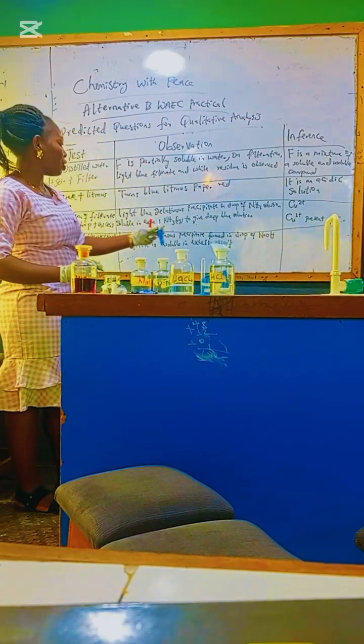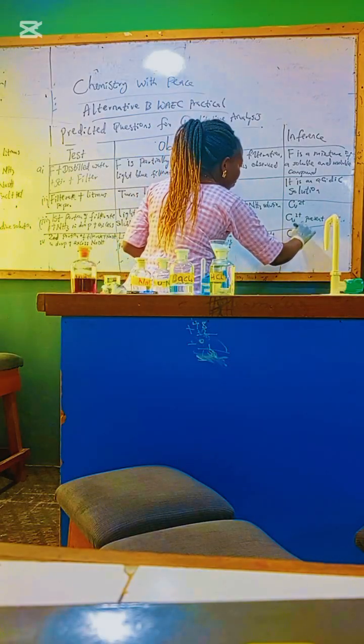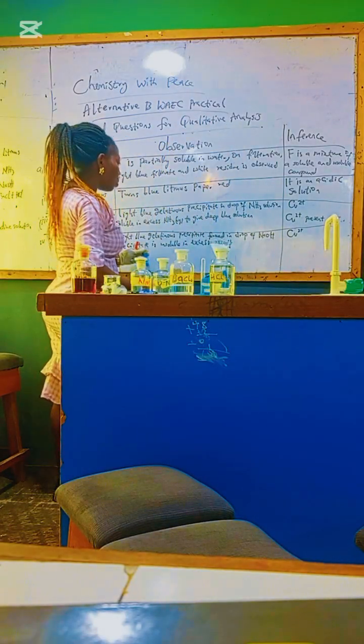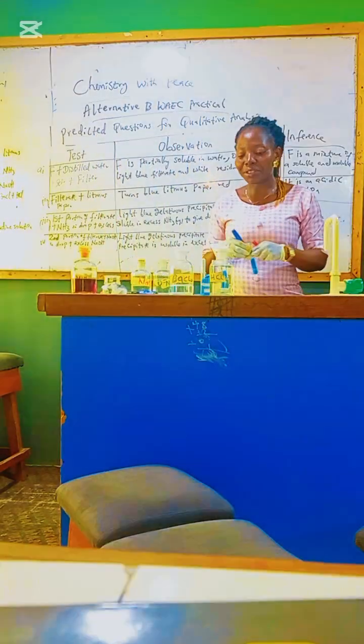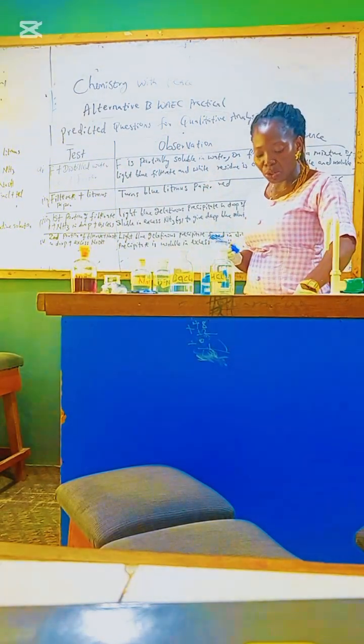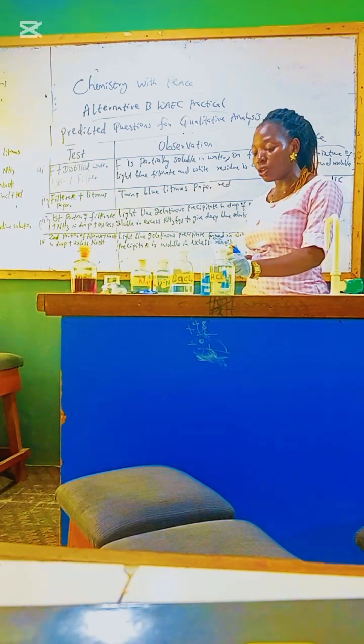So light blue gelatinous precipitate formed in drop of sodium hydroxide. Our inference: copper 2 ion, insoluble in excess sodium hydroxide, or precipitate is insoluble. Anyhow you want to write it, the main thing is that the precipitate did not dissolve.